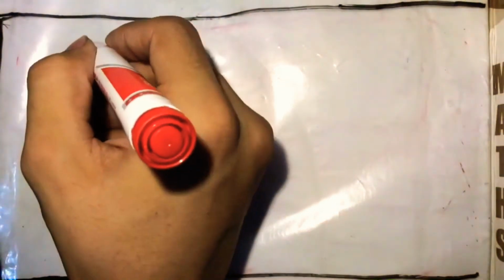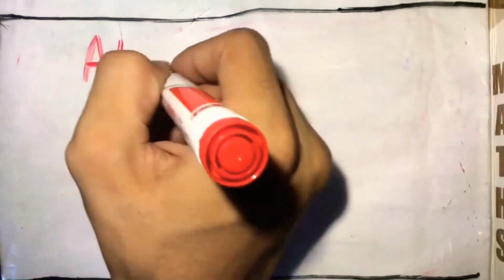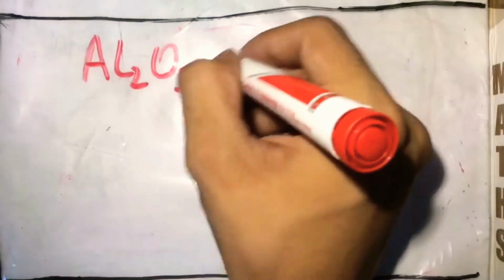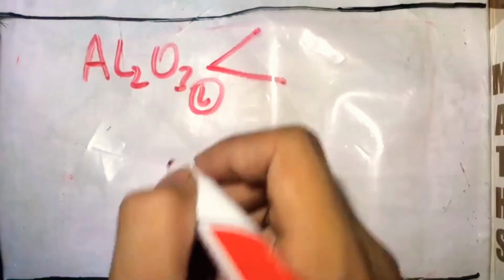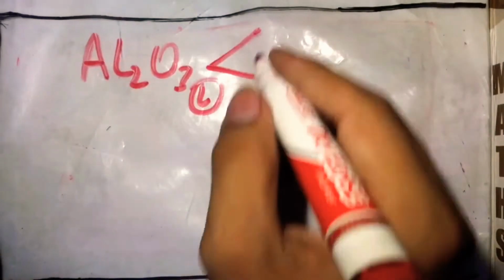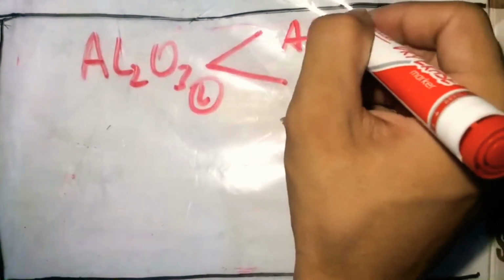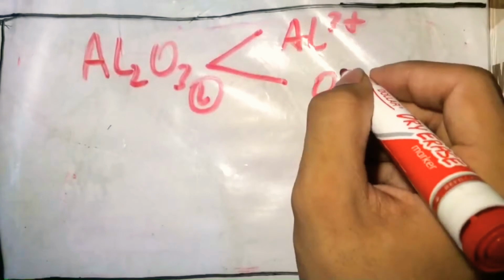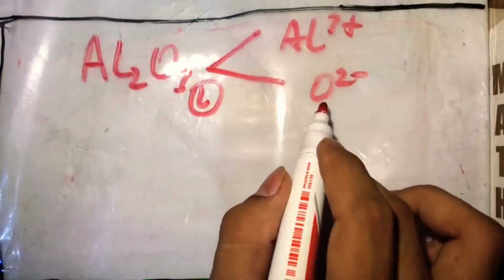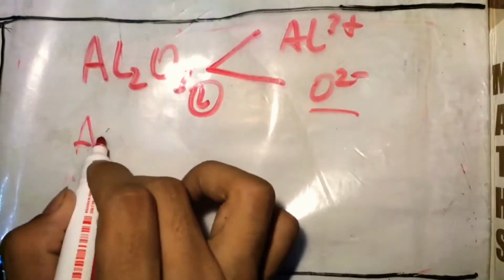Now taking aluminium oxide, this will decompose on passing an electric current into Al3 plus and O2 minus. The oxide ion is attracted towards the anode.